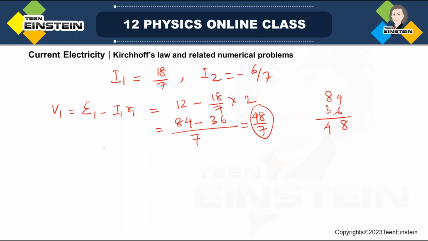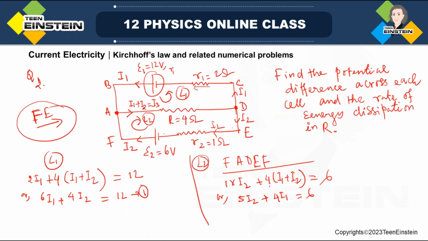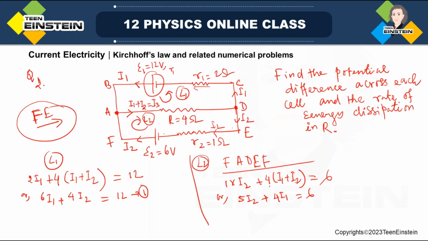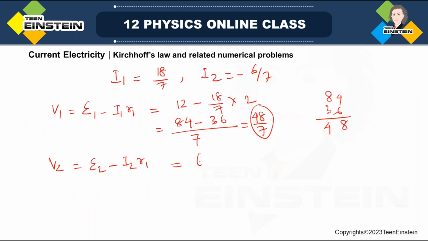So V1 is that, and what will be the voltage for this one? It is 6 minus I2 R2. R2 is 1 only, and this is 6. See, this current I have got minus, right? So I'll take minus itself. I2 is 6 by 7, right? So this will be positive. So this also will be 48 by 7.